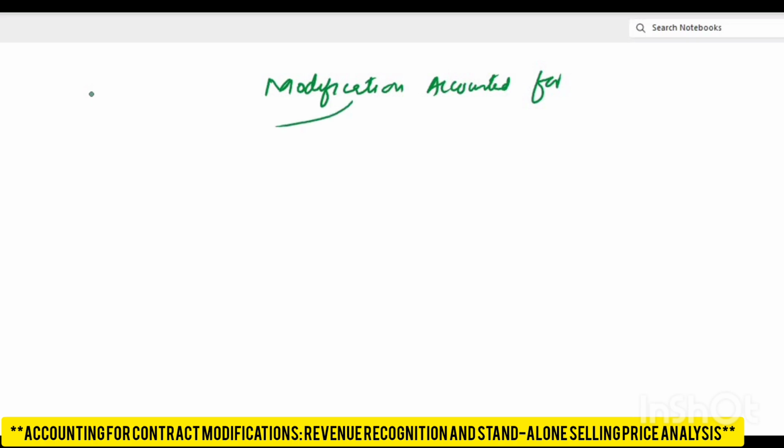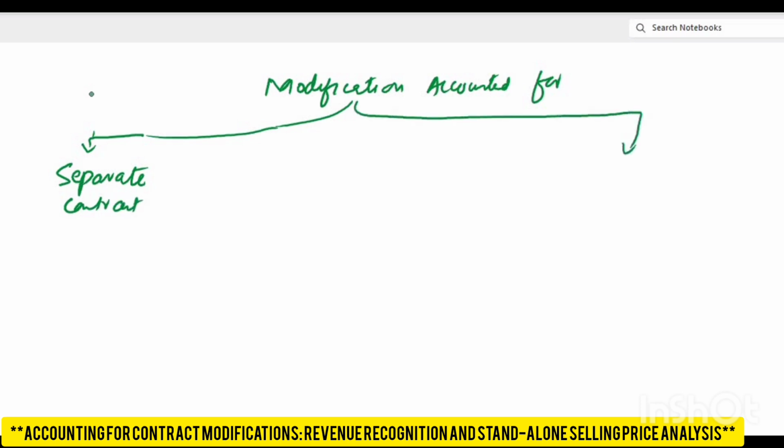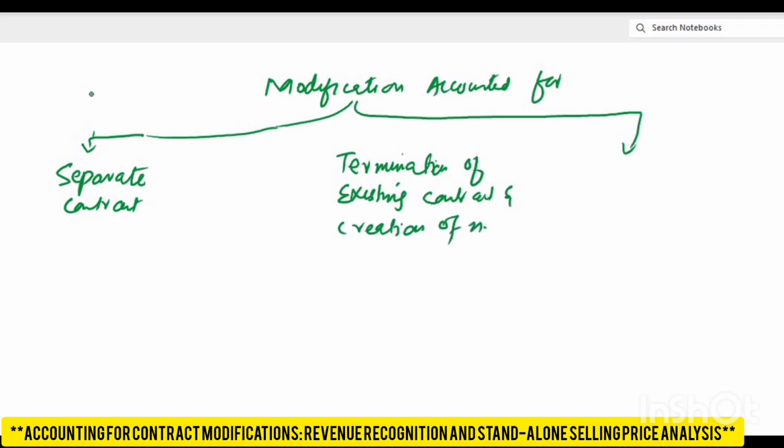The first one, you will treat the modification as a separate contract, or you may treat the modification as the termination of the original or existing contract and creation of a new contract.